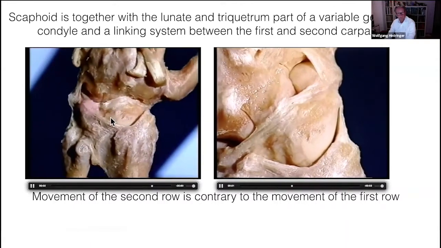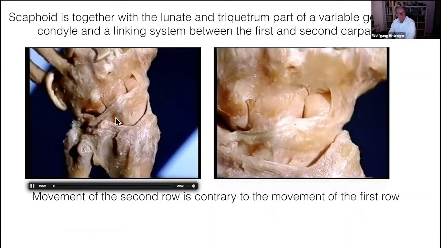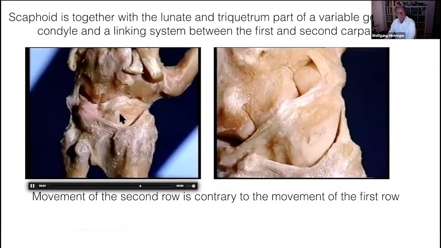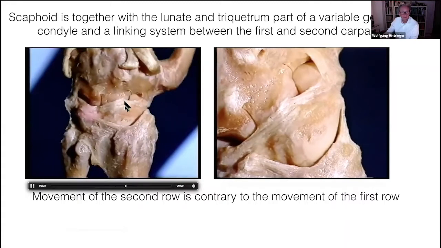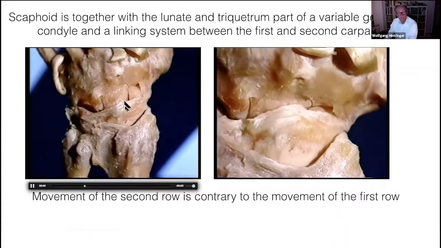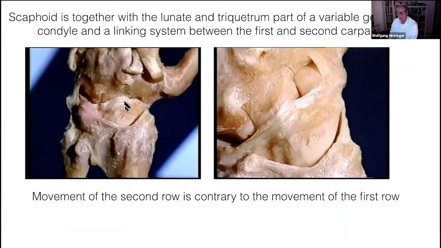It can move with some movements between SL and LT and adapts in every position to the other partner on the distal and proximal side.